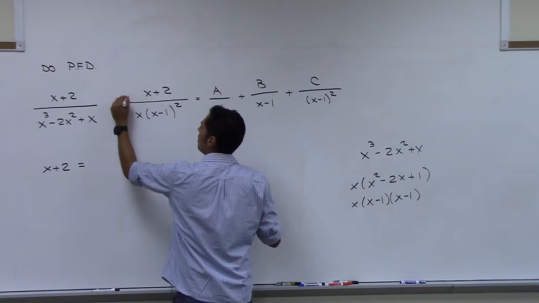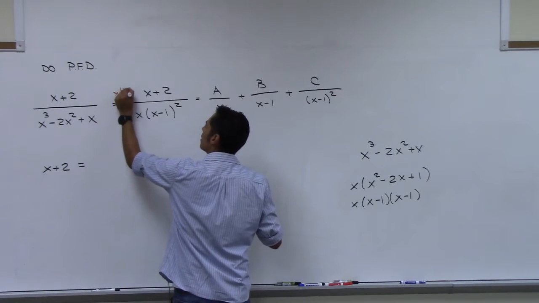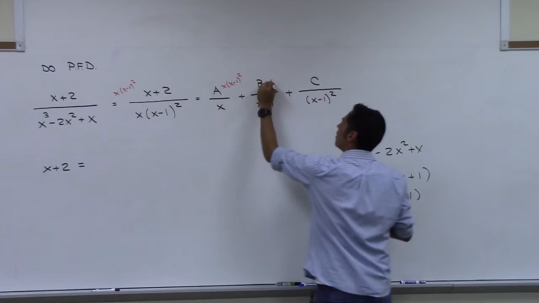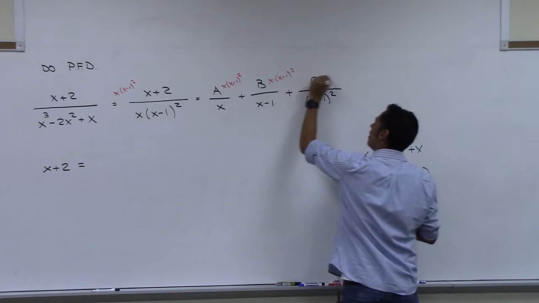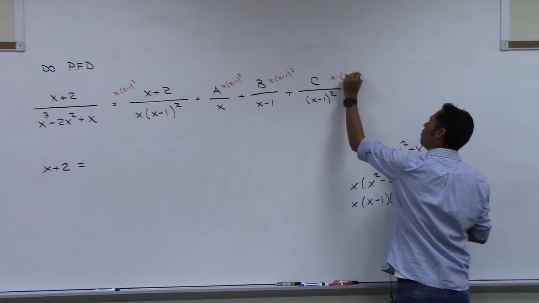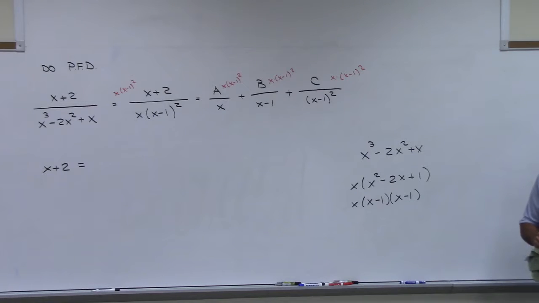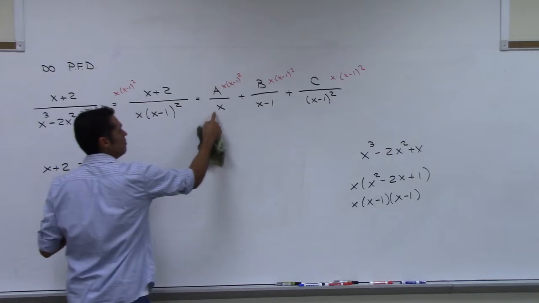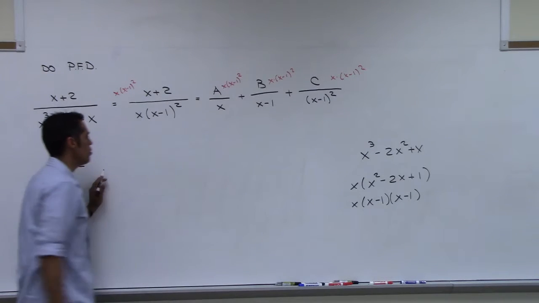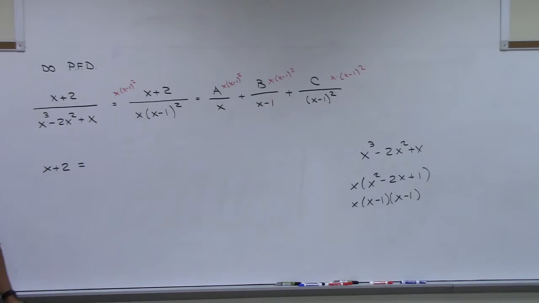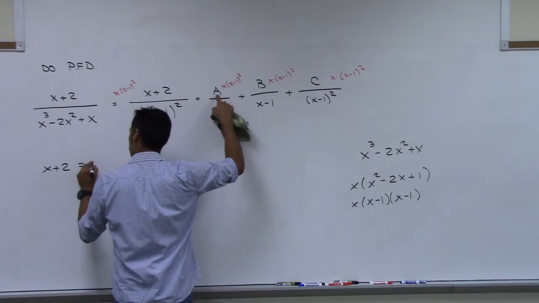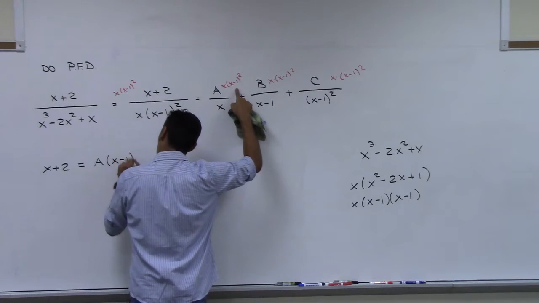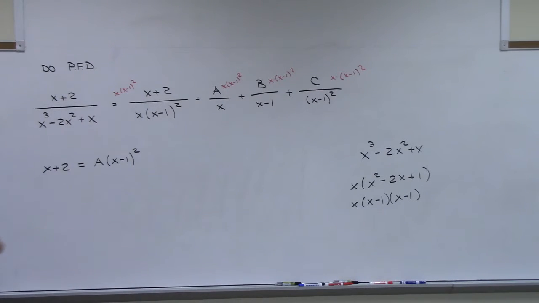now I will help out here. I'm multiplying this by x times x minus 1 squared: this times x minus 1 squared, this times x minus 1 squared, this times x minus 1 squared. Everything got hit with that. So when you hit this one with this, what goes away? Just the x. And you still have the a, and you still have x minus 1 squared, don't you? Understand?